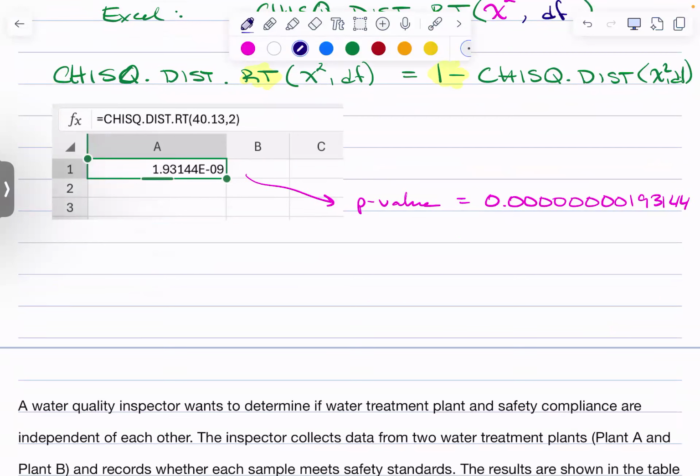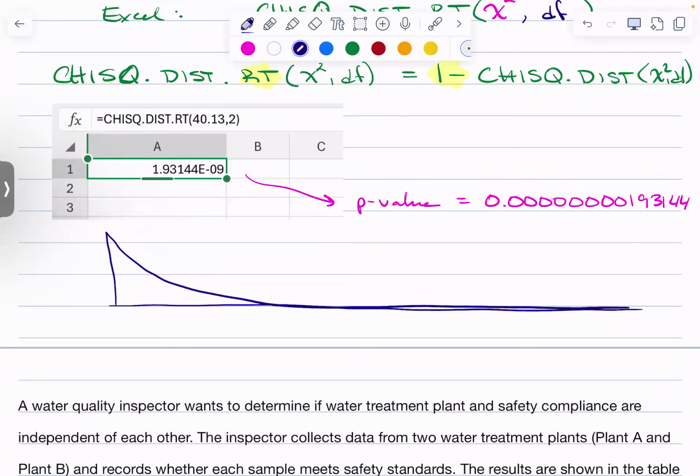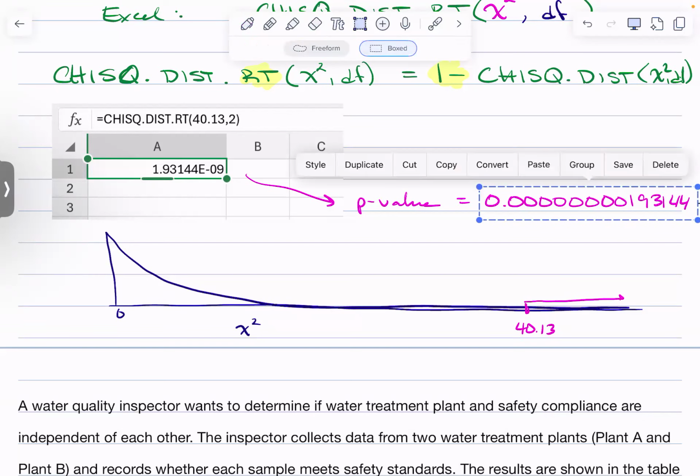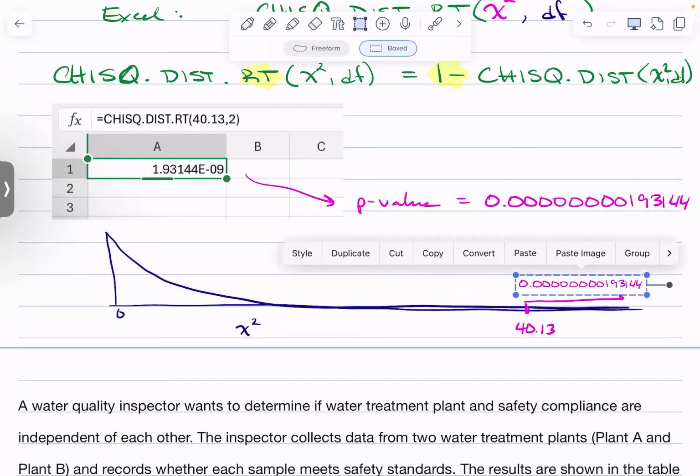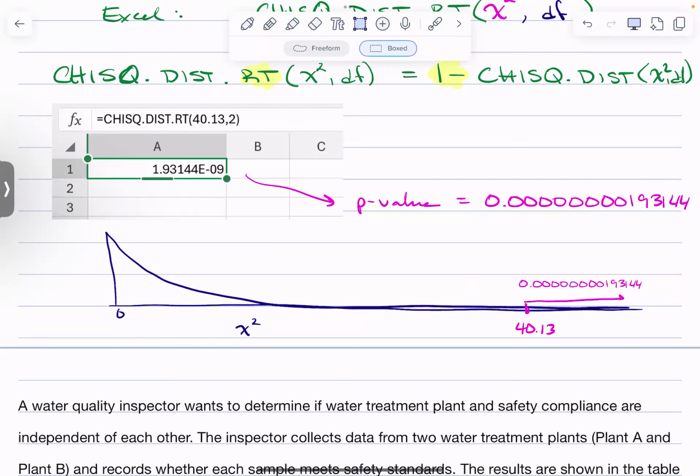This tells us, if our chi-squared starts at 0, and I have a chi-squared of 40.13, then this area in the tail is 0.000. That's that area in the tail.